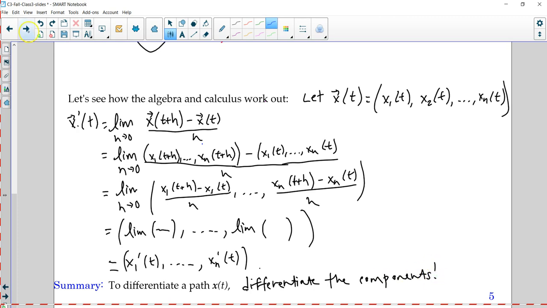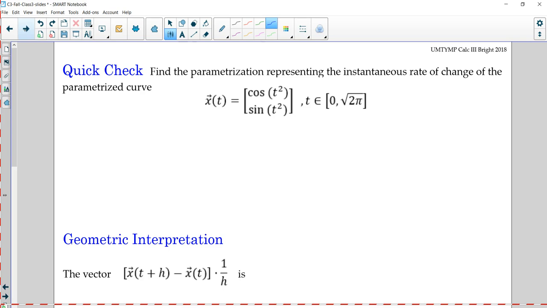All right. So just a quick check here. We have the parameterization given to us. We want to find the parameterization representing the instantaneous rate of change of the parameterized curve, also known as x prime. All right, x prime of t is, and this is where you pause the video and do it yourself.